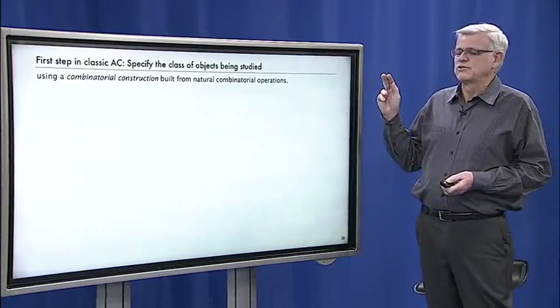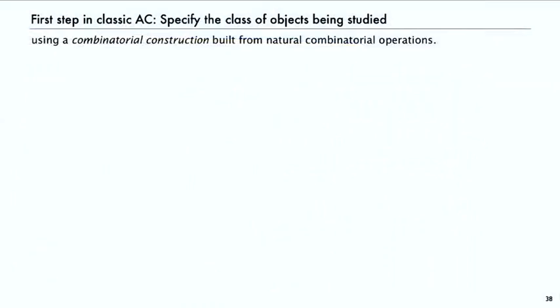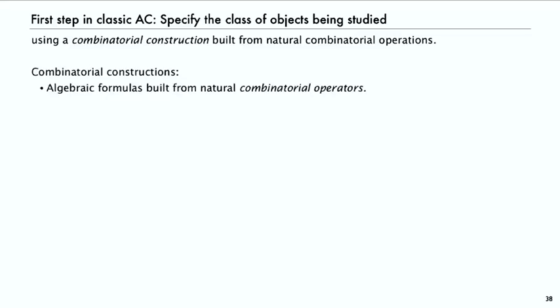The first step is to specify the class using a combinatorial construction. These are built from natural operations, and once you see a few of them in simple examples, you'll see how natural they are. They're algebraic formulas built with combinatorial operators.